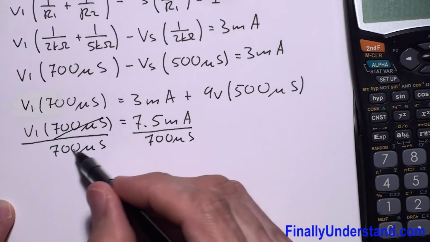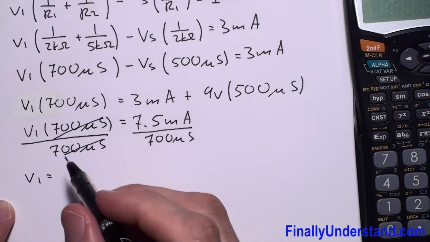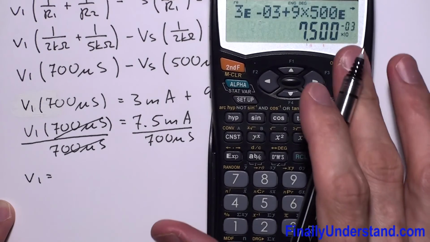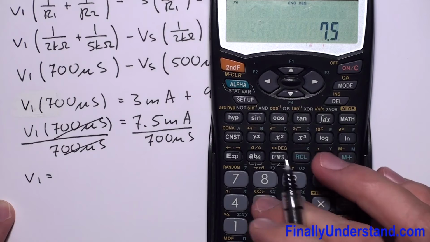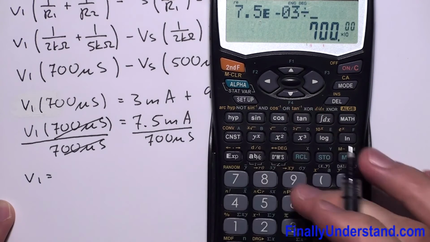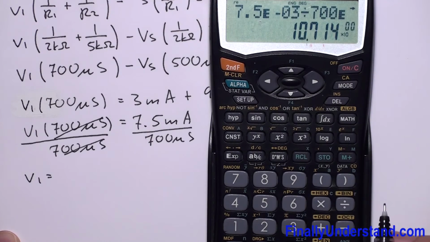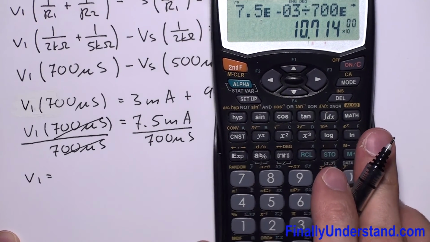So this one and this one will cancel out, and I have V1 equals 7.5 exponent 3 negative divided by 700 exponent 6 negative, equals 10.71 volts.